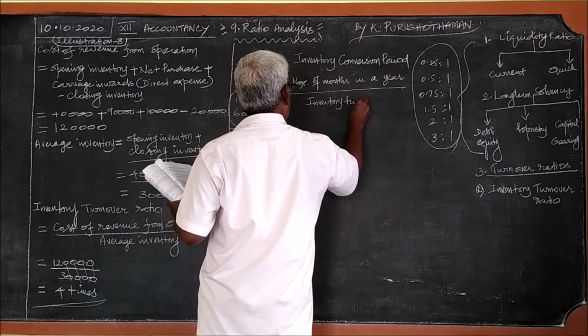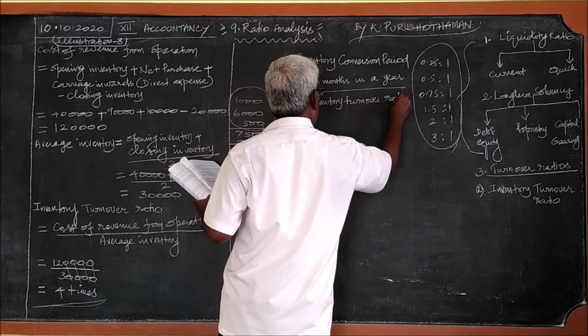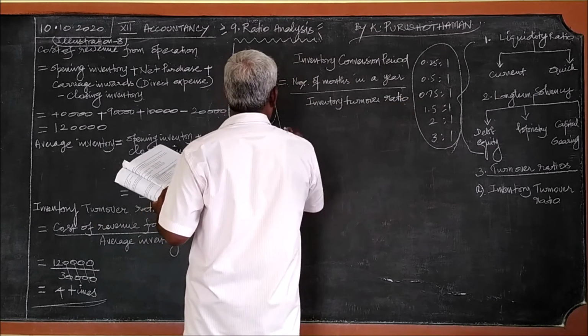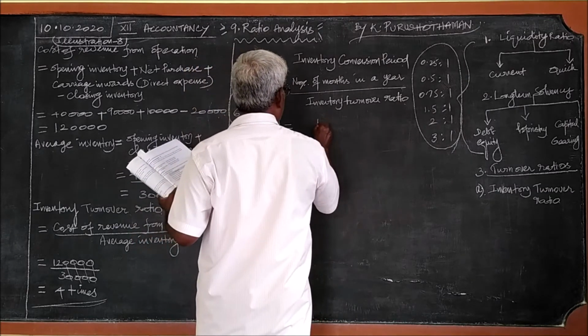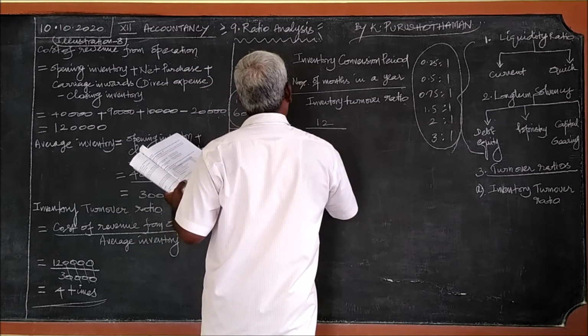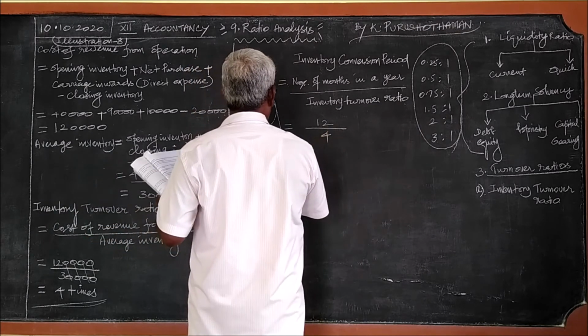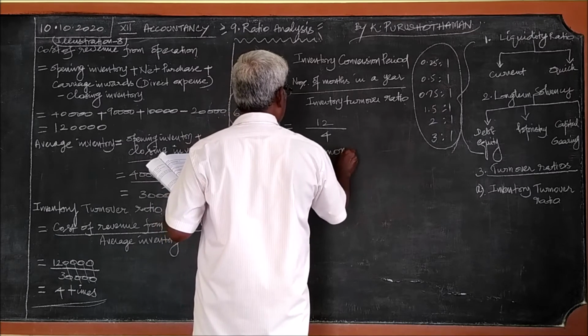There are 12 months in a year. Turnover ratio is 4 times, therefore 12 by 4, this is 3 months.